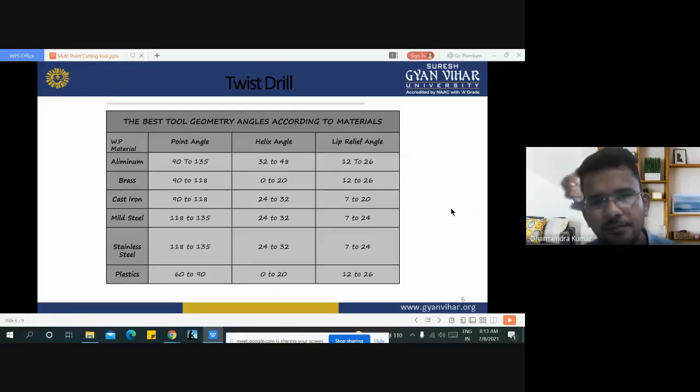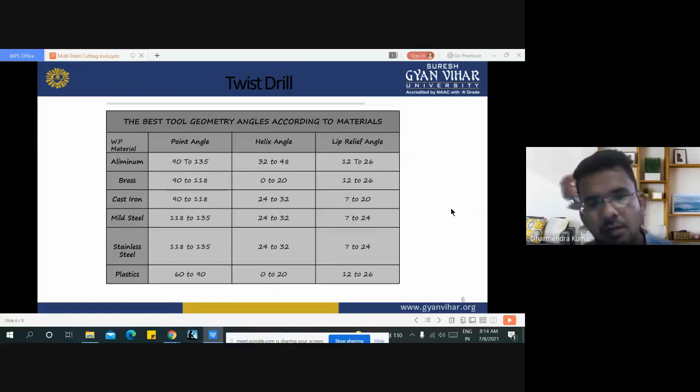For mild steel, point angle varies from 118 to 135, helix angle 24 to 32, lip relief angle 7 to 24. Now for stainless steel, 118 to 135, helix angle is 24 to 32 degrees, and the lip relief angle is 7 to 24 degrees. For plastics, it varies from 60 to 90, because we know that we use a lower point angle if we cut softer material.